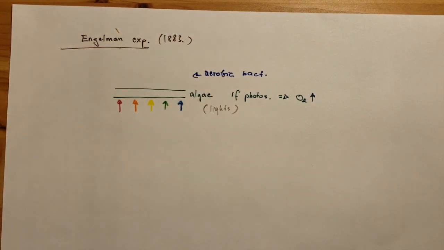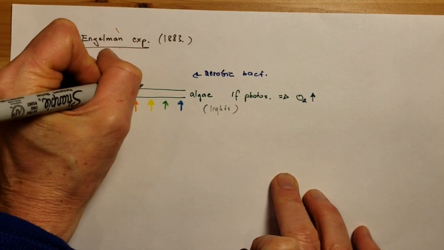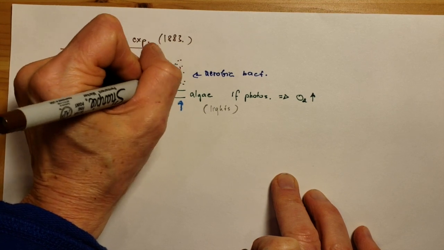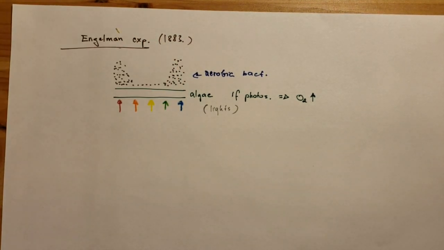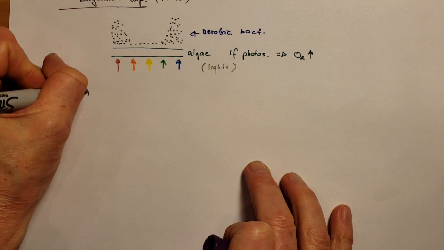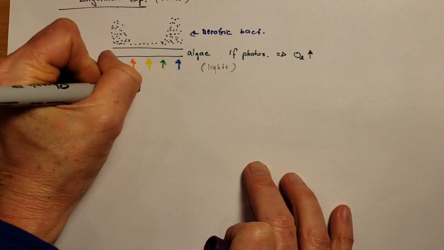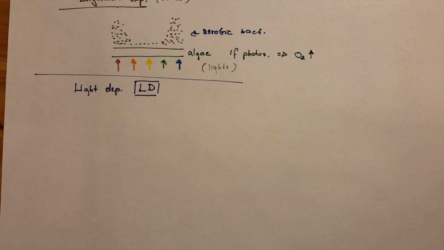He noticed that the aerobic bacteria started to reproduce and thrive where the red light illuminated the algae, as well as where the blue light illuminated the algae. With that he proved that these are the two lights that photosynthesis uses.